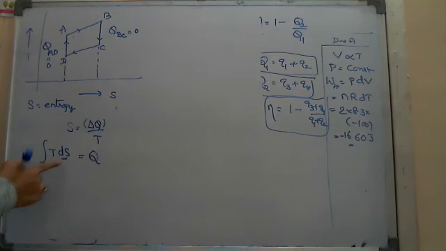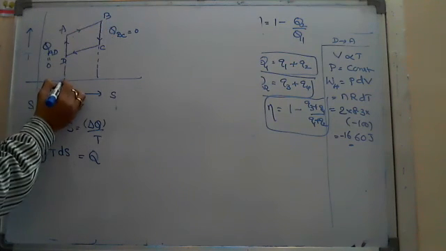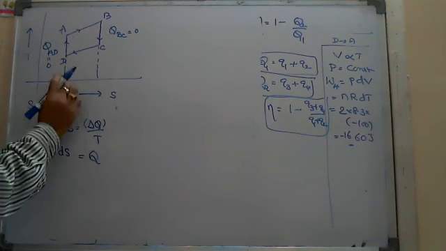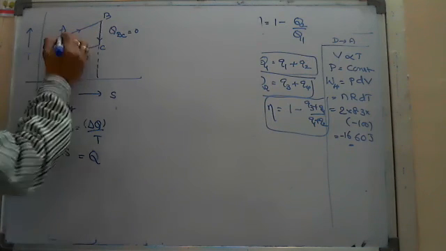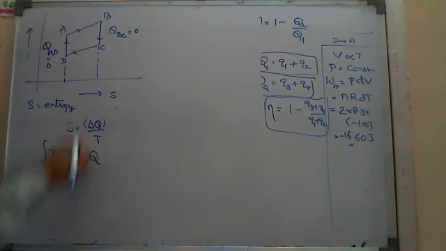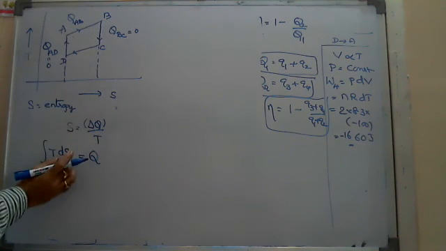From this equation, if you see A to B, S is increasing. S is increasing means definitely in the first process I will get positive, and in the fourth process I will get negative. So A to B, S is increasing, ds is positive.